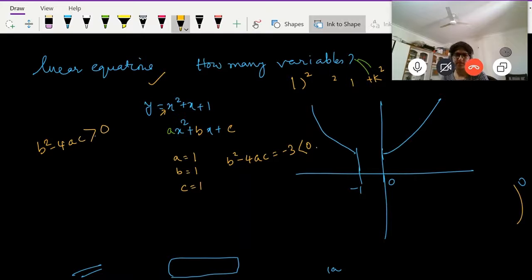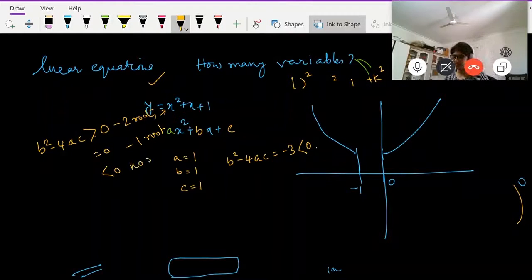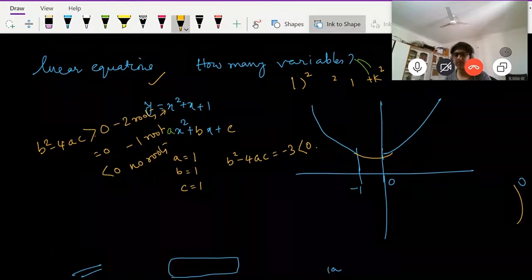If it is greater than 0, then there are two roots, then it will intersect. If it is equal to 0, then one root, it will touch, and if it is less than 0, then no roots, or it will lie above the x-axis. So it will be like this. Clear?